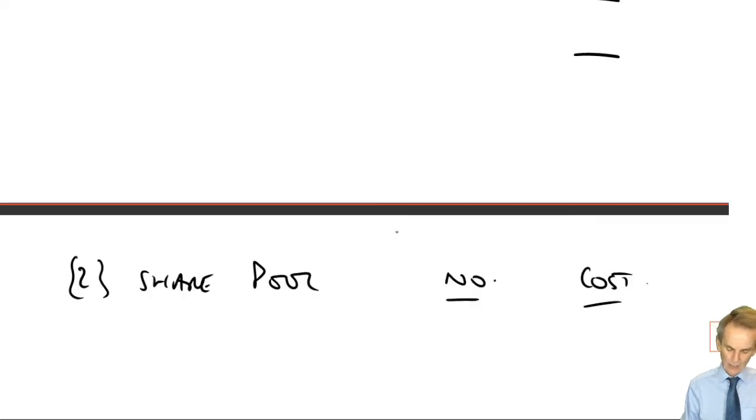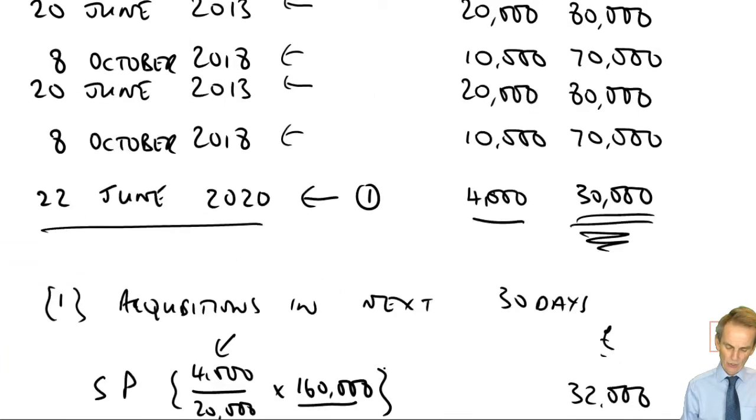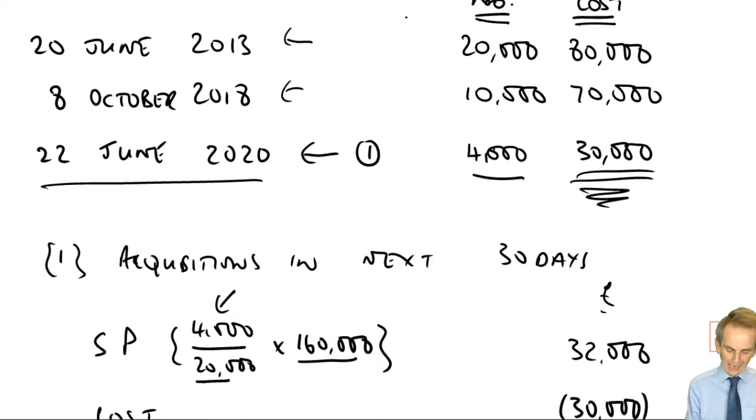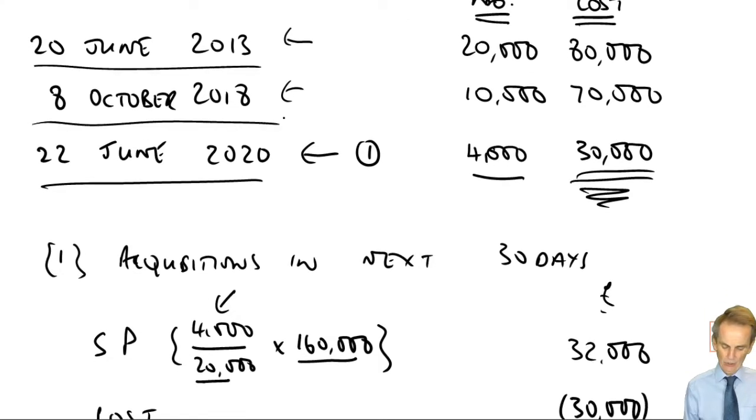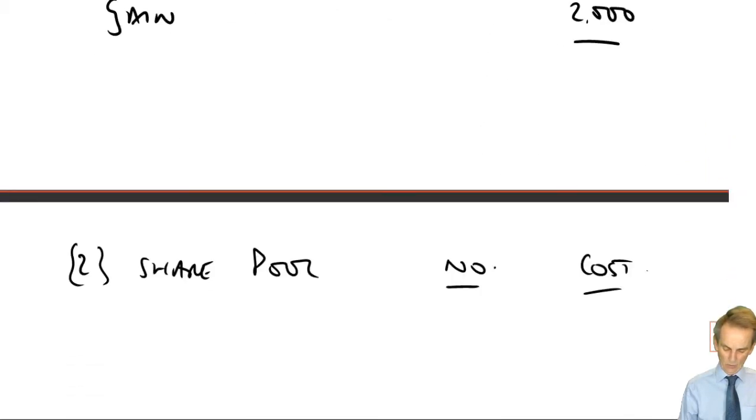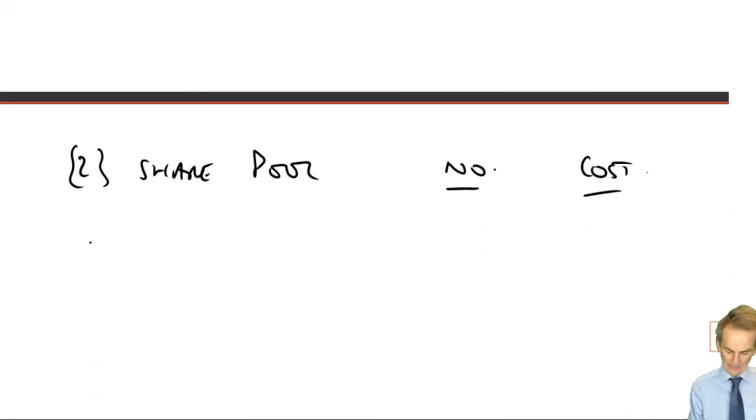So we had, again in relation to that question, acquisition dates, 20th of June 13, 8th of October 18. We know how many shares were bought, and we know what the cost of those shares were. So we've got an acquisition, just to abbreviate that. The acquisition was on what date?